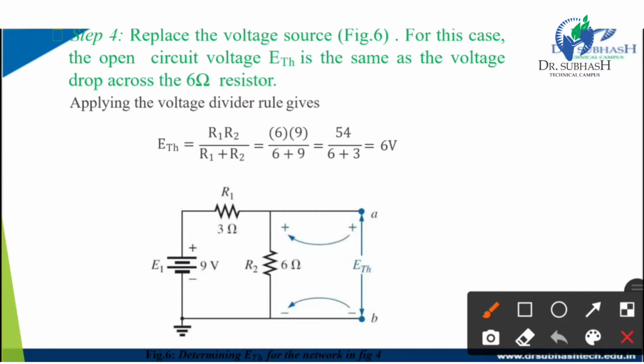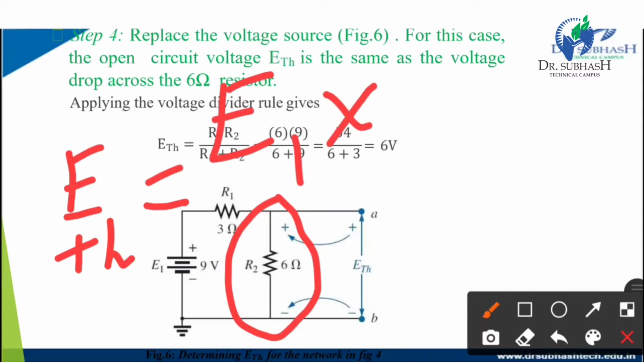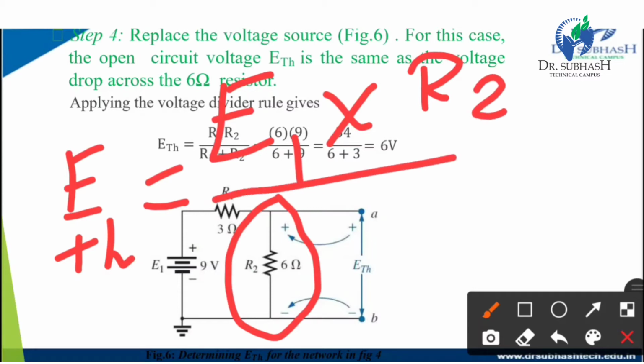So ETH equals, I will write it here so you can easily understand the voltage divider rule. For finding voltage at R2, its name is ETH. So ETH equals total voltage, that means E1, multiplied with the resistor. The resistor of ETH is R2 divided by total resistor R1 plus R2.